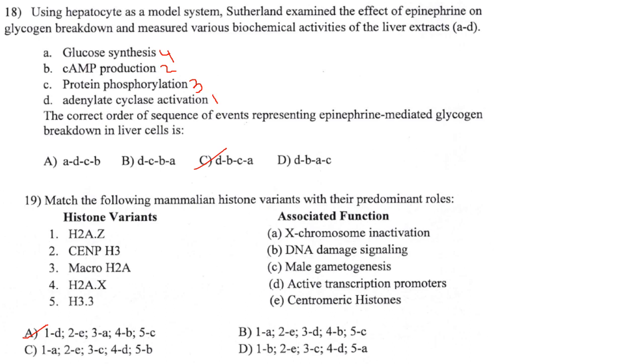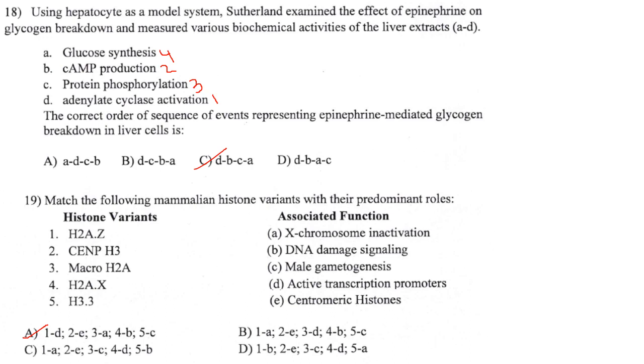Match the following mammalian histone variants with their predominant roles. So H2AZ, it is active transcription promoters. Then CENPH3, it is centromeric histones. 2E1D. Macro H2A, it is X chromosome inactivation. 3A.